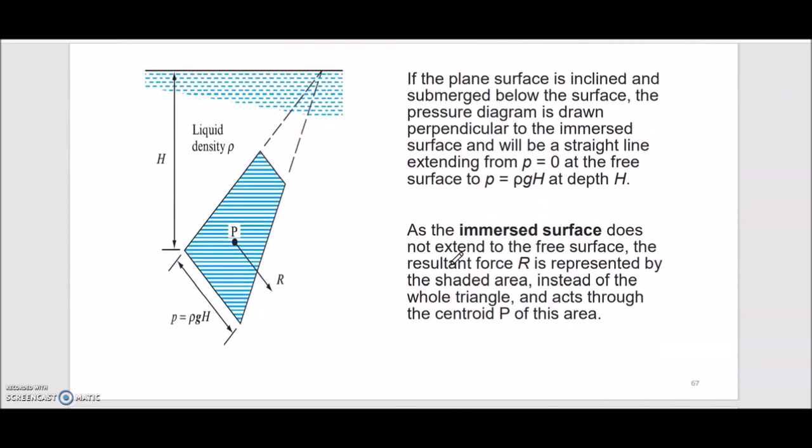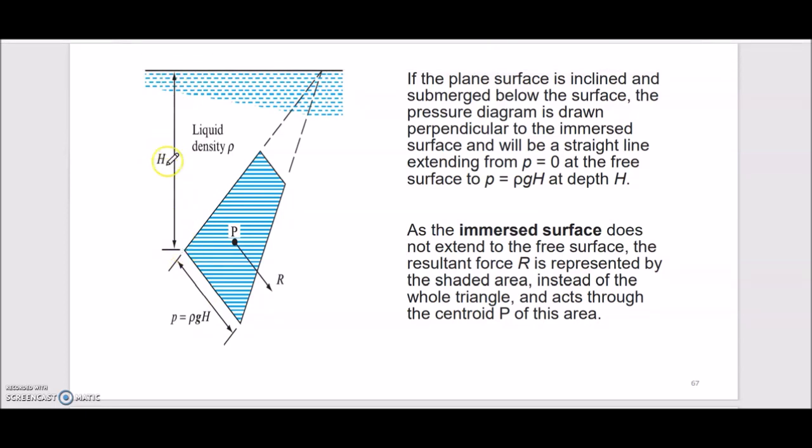Now if the plane surface is inclined and submerged below the surface, the pressure diagram is drawn perpendicular to the immersed surface and will be a straight line extending from P equal to 0 at the free surface to P equal to rho g H at depth H, where H is from the surface to the bottom of the immersed object.